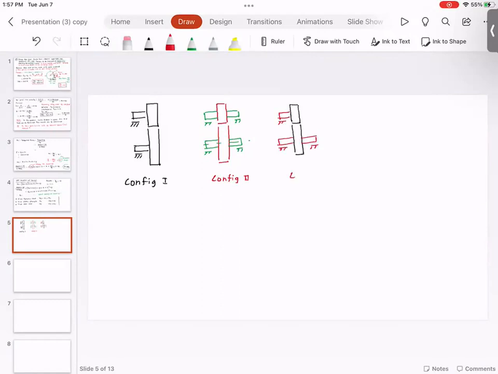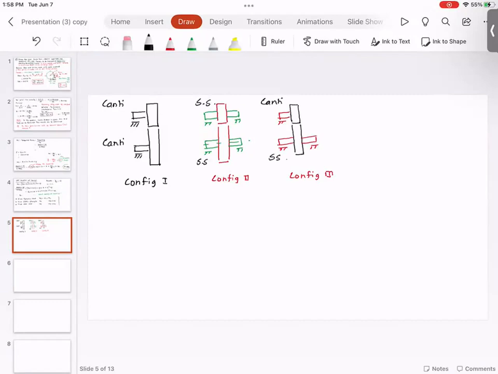Or you can have config 3. Or clearly you can have a config 4. So you can have cantilevered, cantilevered, you can have simply supported, simply supported.